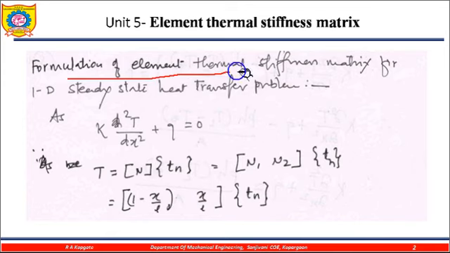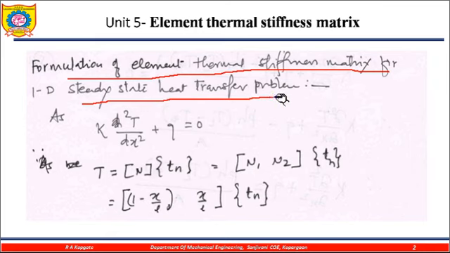Formulation of the element thermal stiffness matrix for the 1D steady state heat transfer problem. We already know the differential equation for heat transfer in 1D: K d square T upon dx square plus Q is equal to 0. The temperature T is equal to the shape function N multiplied by the nodal temperature matrix.